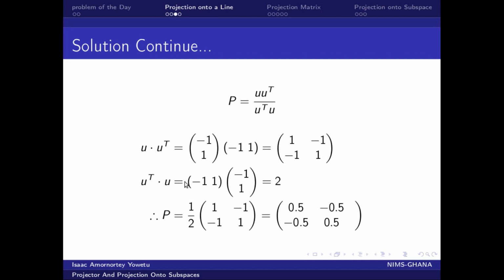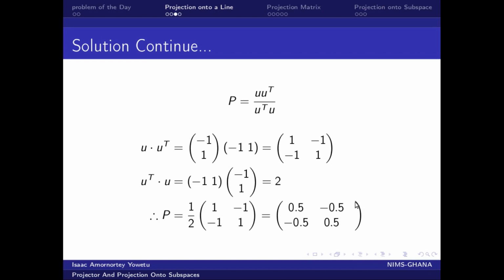The inner product gives us this row vector times this column vector, which gives us 2. Eventually we get our P matrix to be the outer product over the inner product, which gives us this matrix.